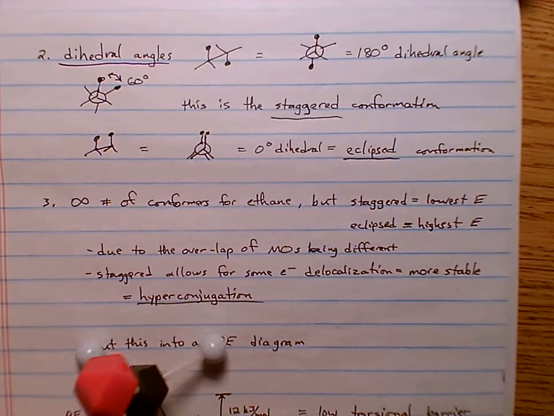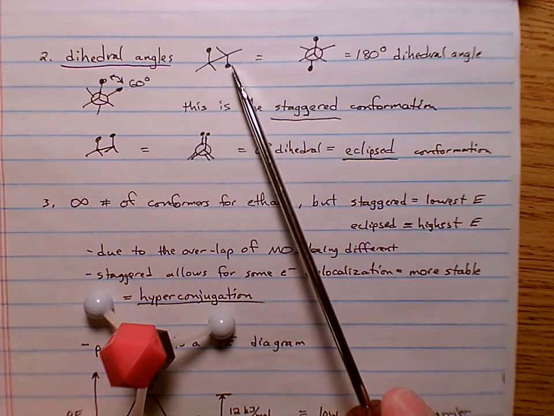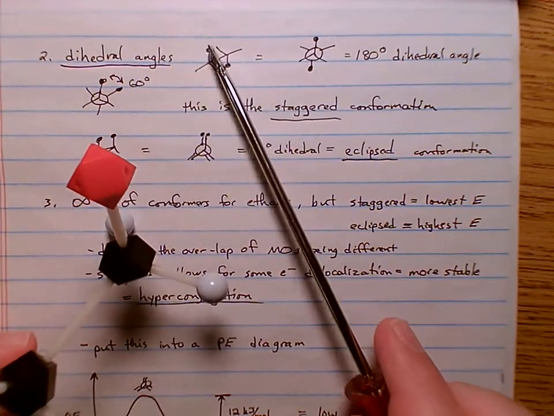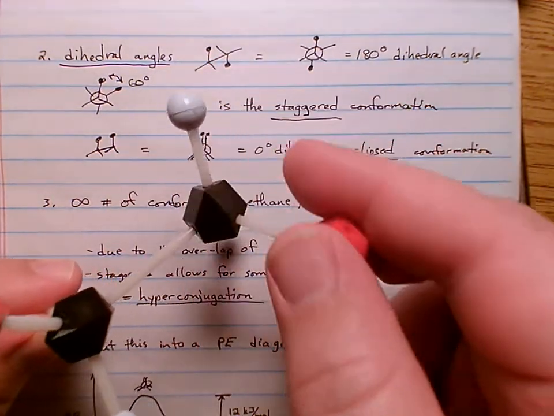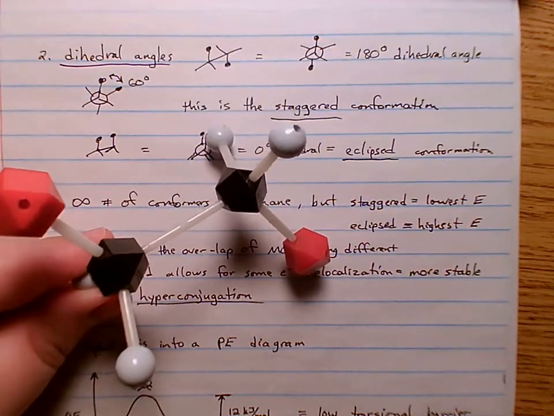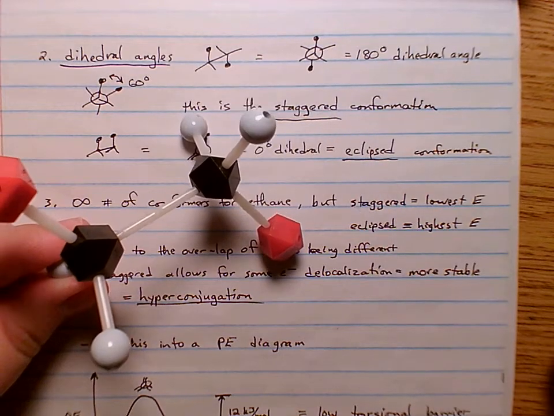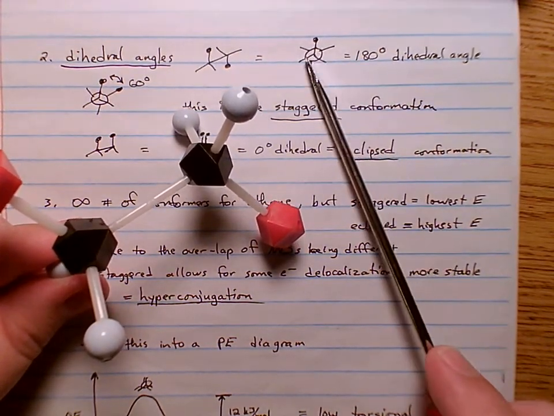All right. Here is our sawhorse projection. If I make it look like the sawhorse projection, note I've got one red atom up, one red atom down. So that would be like this. So here's the sawhorse projection. Newman projection is much easier. I just have to do this. Note, with the Newman projection, here's my circle.